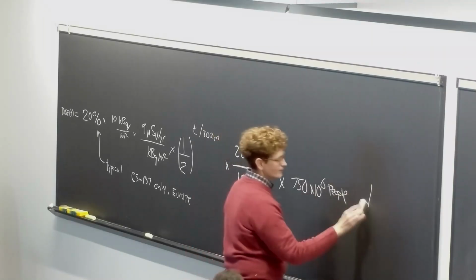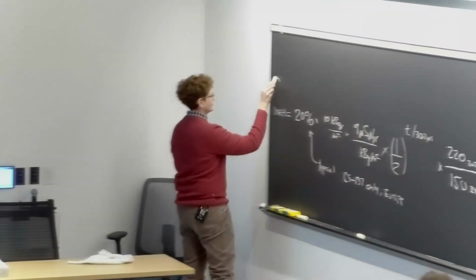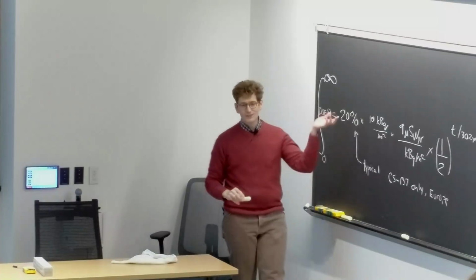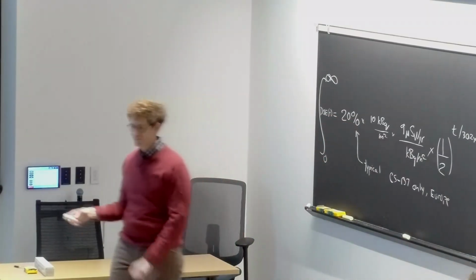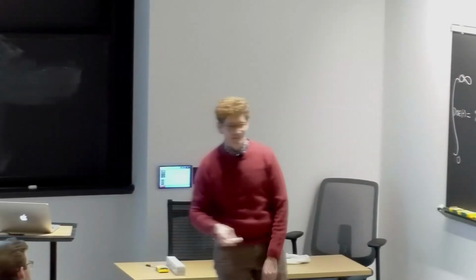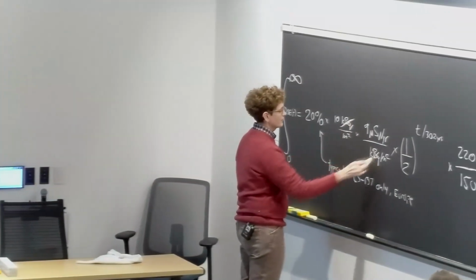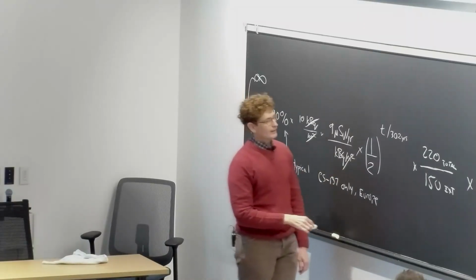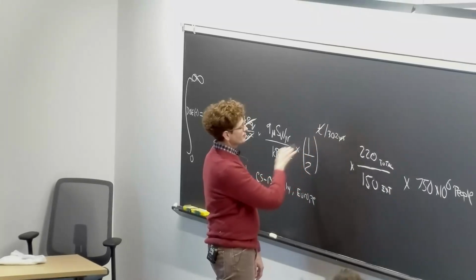And then we're going to integrate that from 0 to infinity. Now, going to infinity is not a big deal because almost all of it has decayed after some half-life. It just adds little tiny bits at the end. So let's cancel our units. Kilobecquerels cancel. Meter squares cancel. These years will cancel with these years.